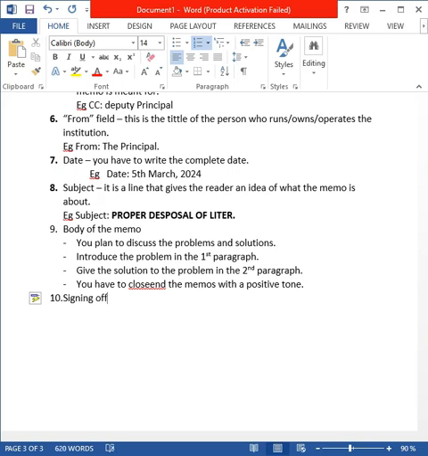Now remember, to sign off is to end the memo itself. When you've written what you want to write, you now sign off by ending the memo itself.